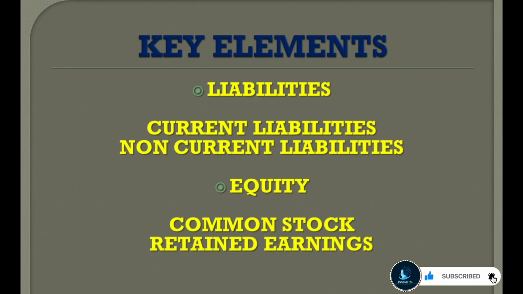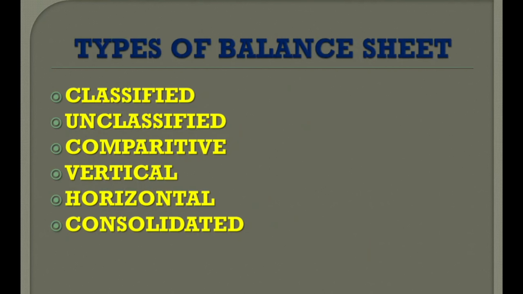The retained earnings are accumulated profits in that particular company, which are not distributed in the form of dividends, but are retained in that company's accounts. So this is all about the key elements of a balance sheet. We can look into the format for more clarity regarding assets, liabilities and equity and their entries.